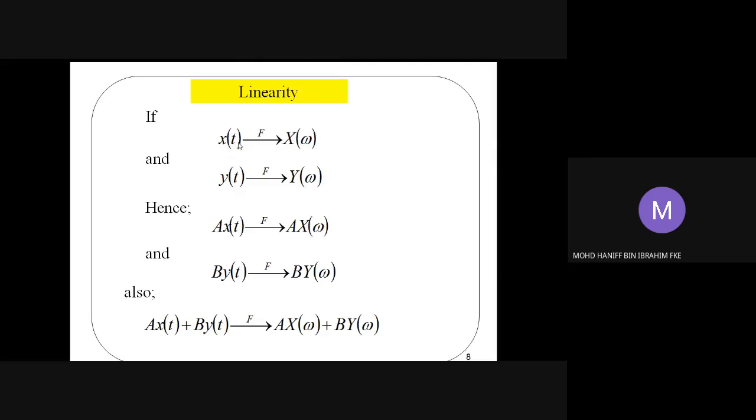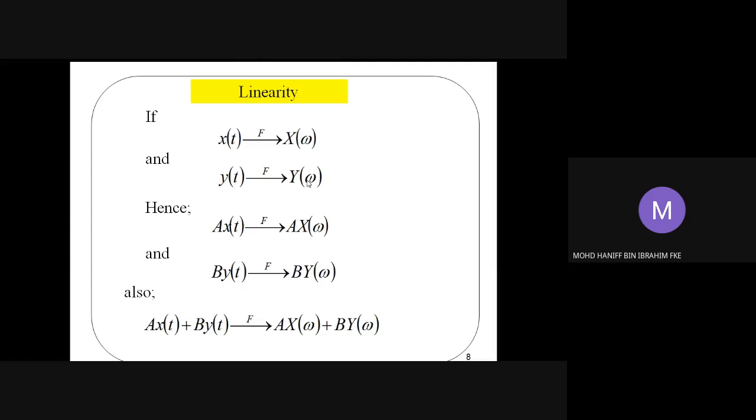So x(t) will be Fourier transformed into X(omega). This is the common way of writing a Fourier transformation. And y(t) is also transformed into Y(omega).